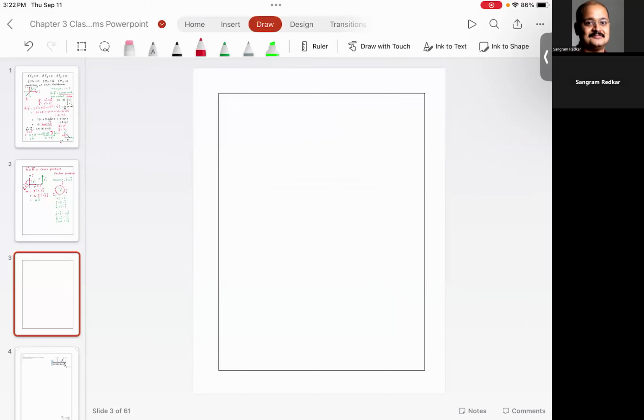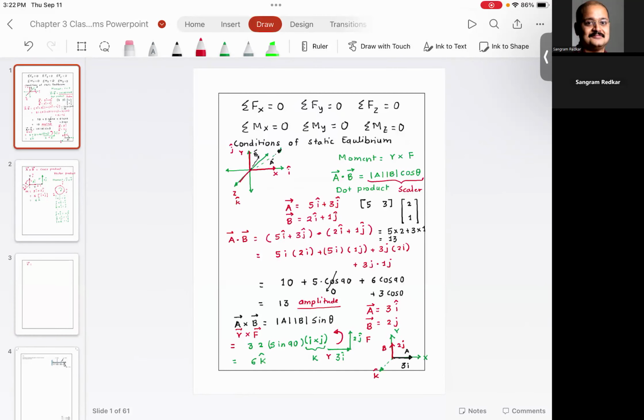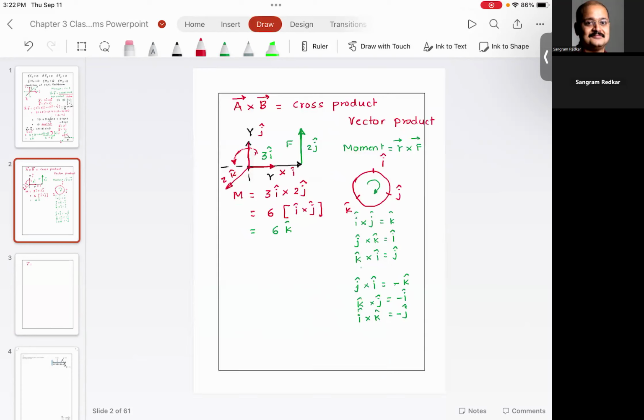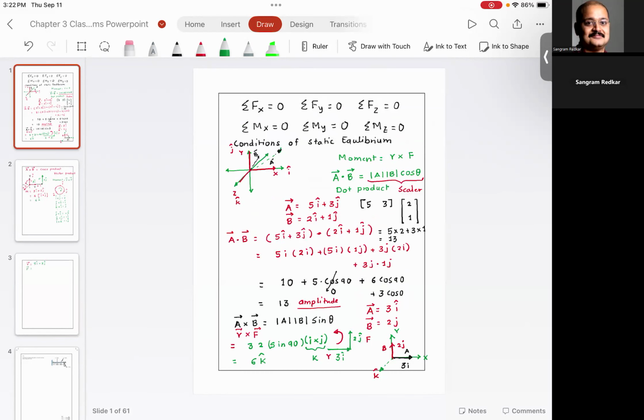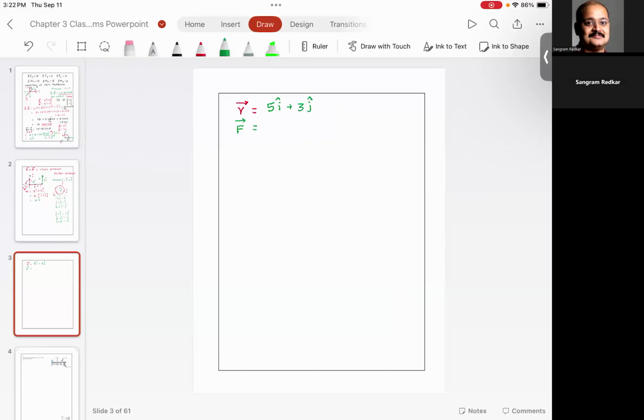I have a vector r, and that vector r is 5i plus 3j. And I have a vector F, and this vector is 2i plus 1j.